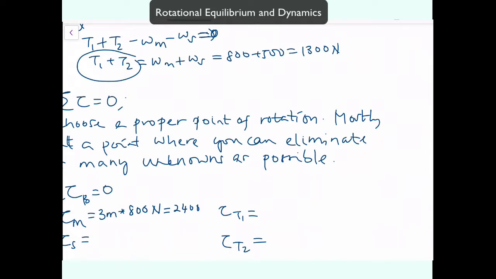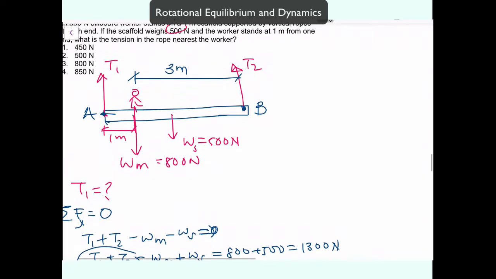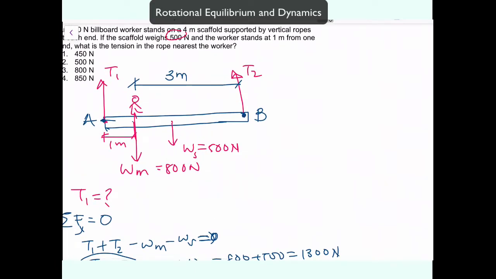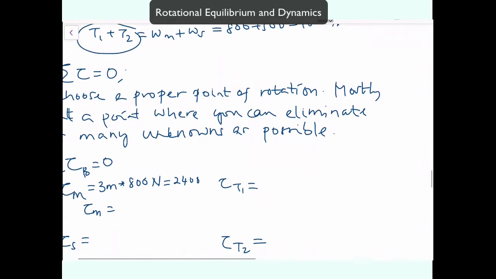But now, is it a plus or a minus? That's another question. Point B is here and the man is pushing this downward, so the tendency of his weight is to rotate this in the counterclockwise direction, so the result will be positive.